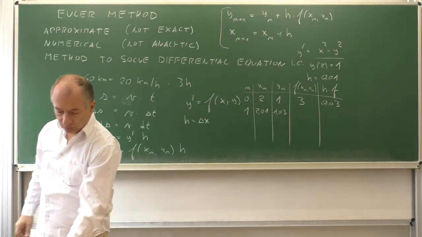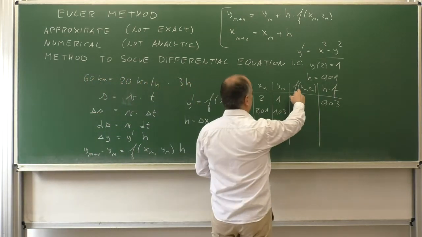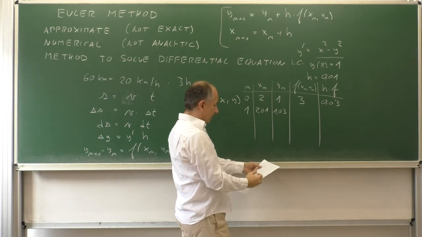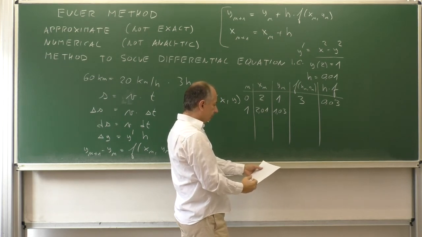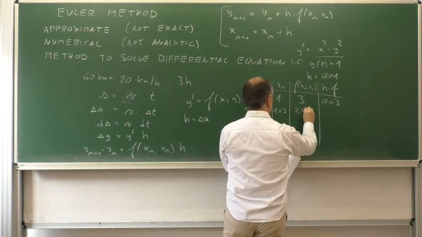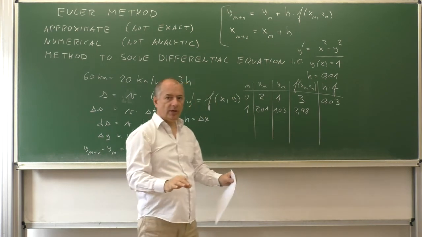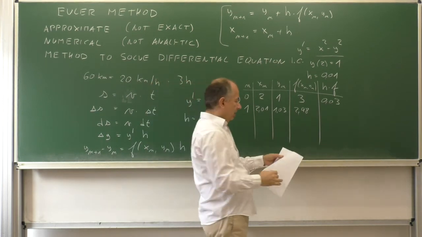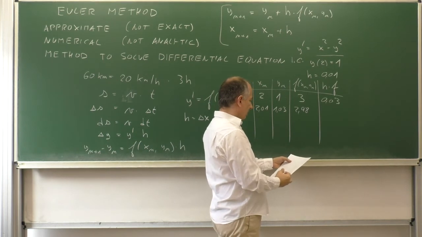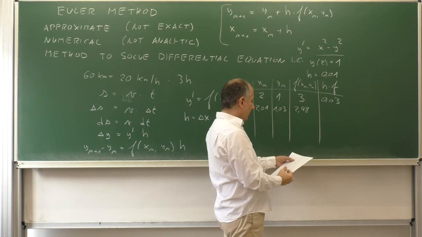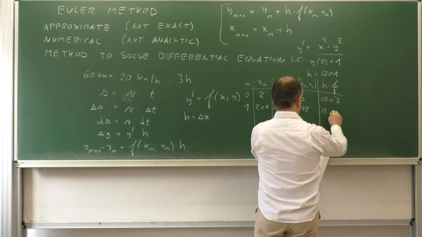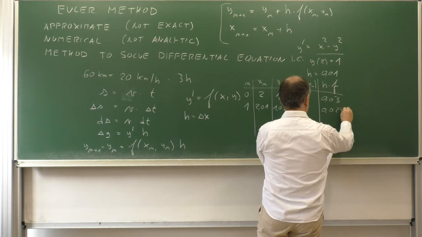If we compute the f, the right hand side, at this point, then we get something like 2.98. This is just an approximate, rounded value. And then when multiplied by 0.01, the increment of y will be 0.0298.